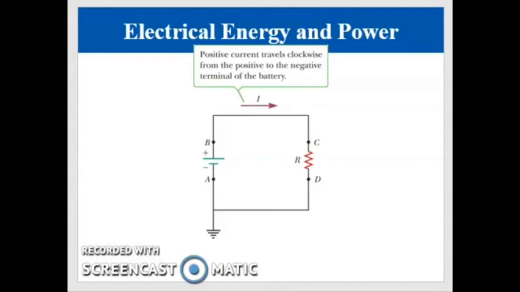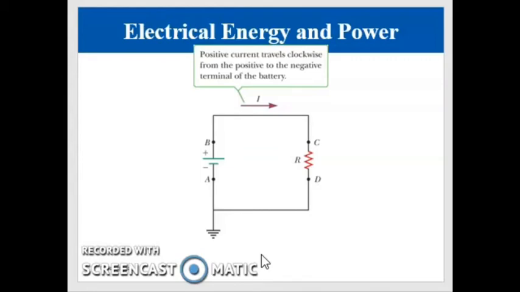Imagine following a quantity of positive charge, delta Q, through the circuit. We will start at point A here, which is a reference point that is grounded, and its potential is taken to be 0.